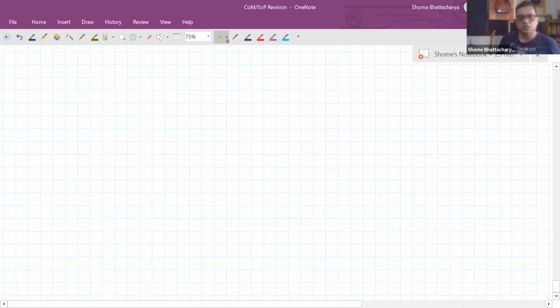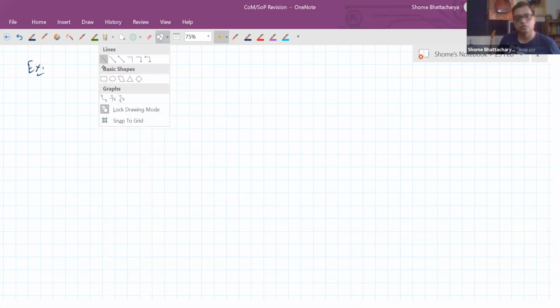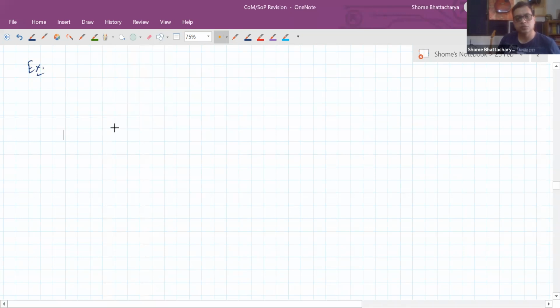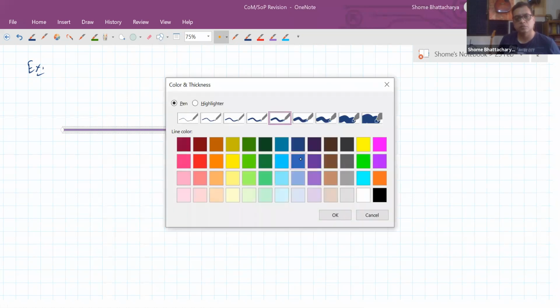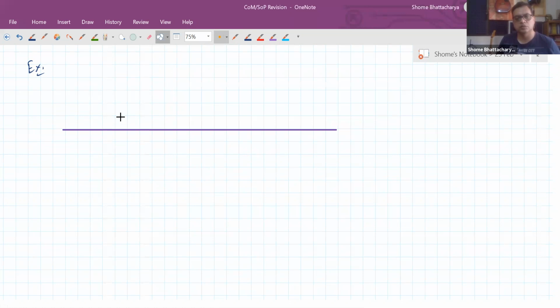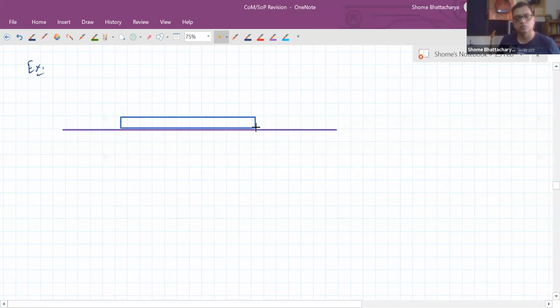Okay, so let us see an example related to this. For instance, if we have this kind of situation, we have a smooth surface on which there is a wooden plank placed.